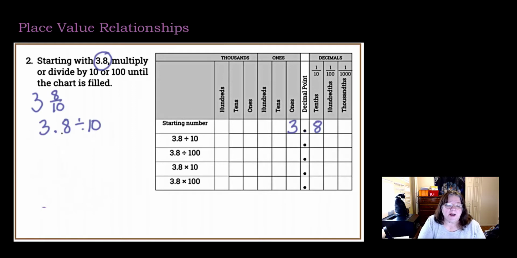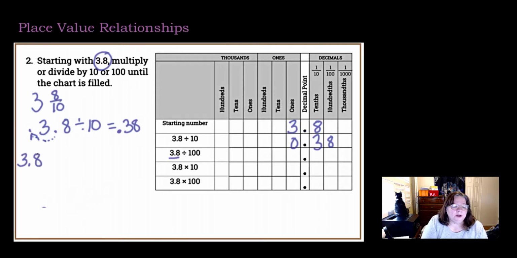If my number's getting smaller, it's going to go this way, and it becomes 0.38 or 38 hundredths. Now notice again, they changed it up a little bit. We're starting with 3.8 again. We're not starting with 38 hundredths. Okay, so notice that we have 3.8, which is 3 and 8 tenths, and we're dividing by 100 this time.